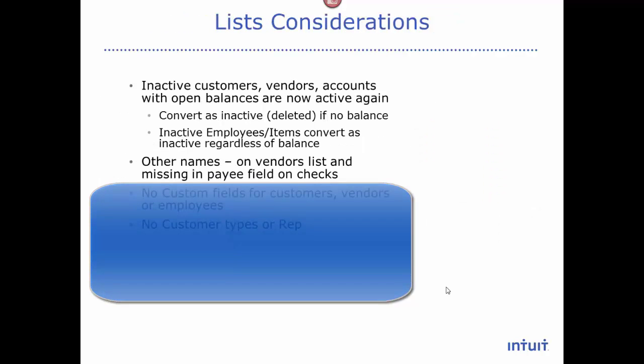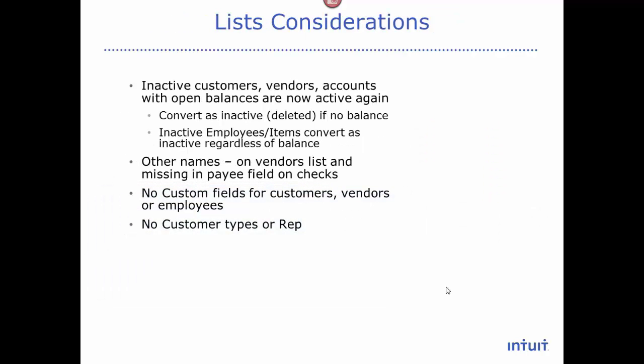the subscription. List considerations. Inactive customers, vendors, and accounts with open balances will be made active again post-conversion. However, items and employees, whether they have a balance or not, they come over as active, actually, even if they're inactive. Now, customers, accounts, and vendors that don't have a balance will come over as inactive.